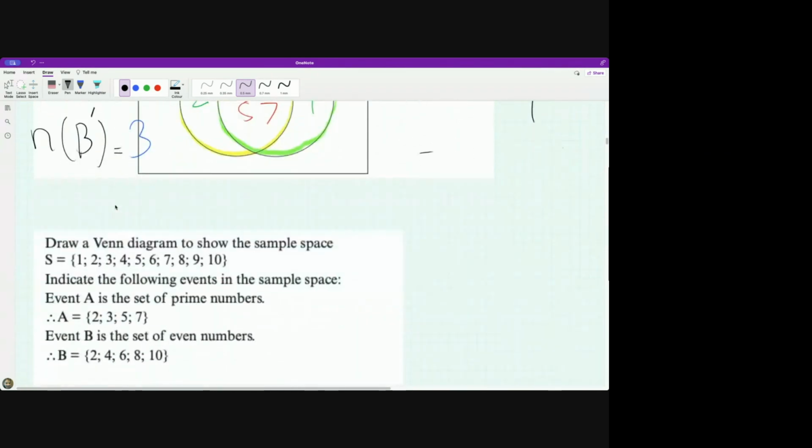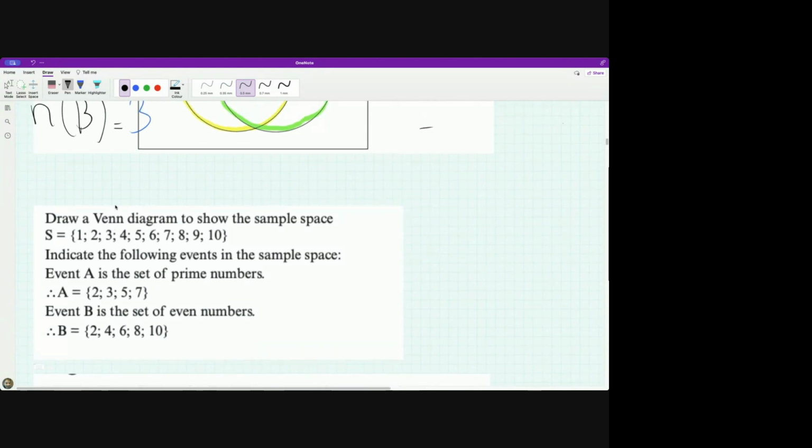Okay. Well then, what I want you to do is draw me a Venn diagram for this situation here. You are given the numbers 1 to 10 in the sample space. You are given the event A of the prime numbers.